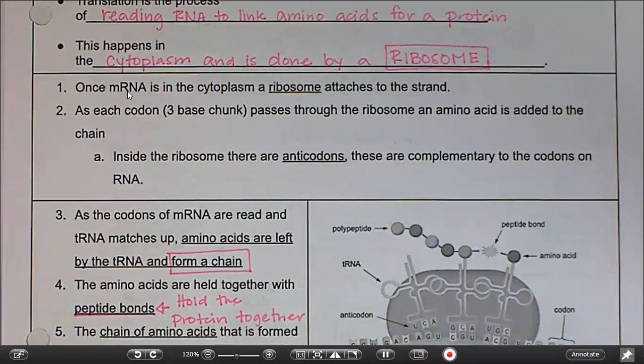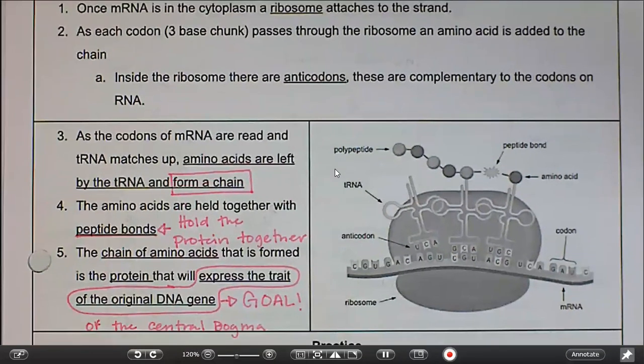The ribosome is going to read that message in 3-letter pieces called codons, and each 3-letter piece is going to tell us which amino acid will be transferred or put onto the chain. And we read RNA using anticodons, so the complementary to the letters on the message. And you can see that in this picture. So we have our transfer RNA that have the anticodon that is complementary to the codon on the messenger RNA.